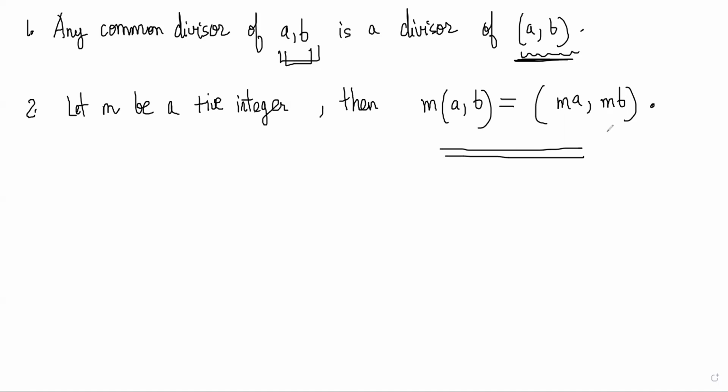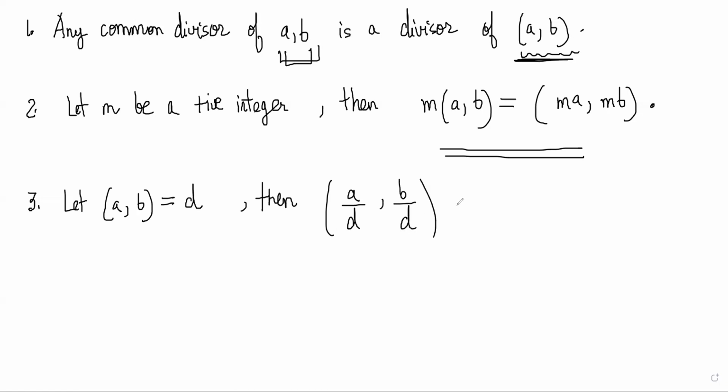The next thing that I want to show you is: let the GCD of A and B be equal to D. Then the GCD of A by D and B by D is equal to 1.